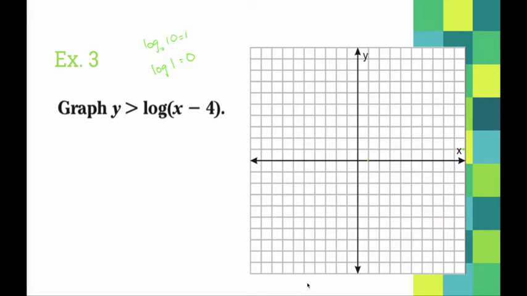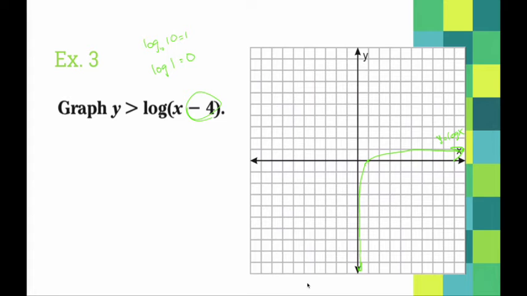You can't take the log of 0 or the log of a negative, and so what you end up with is a vertical asymptote along the positive x-axis, and you end up with a function that kind of looks like a square root function. It's going to increase infinitely, but it gets pretty flat. So this is y equals log of x.